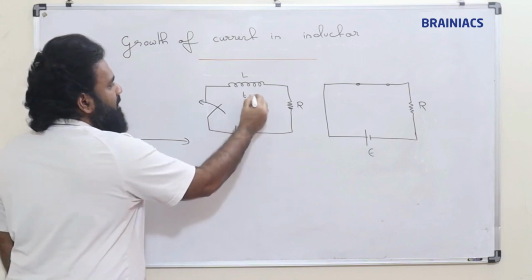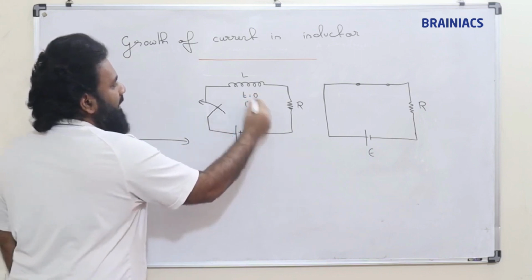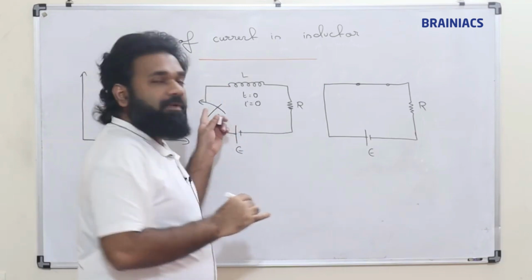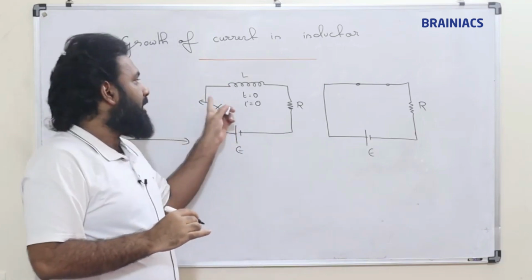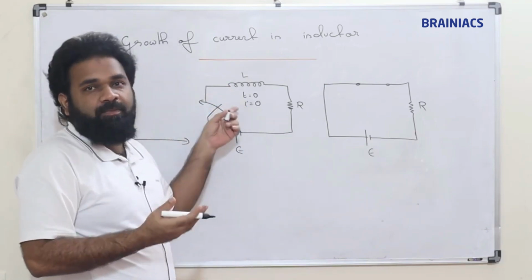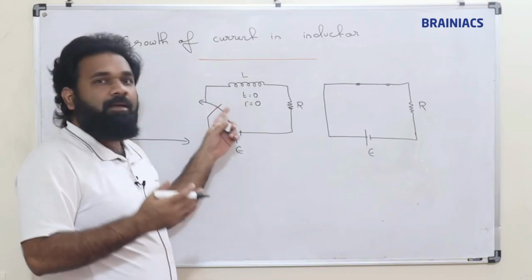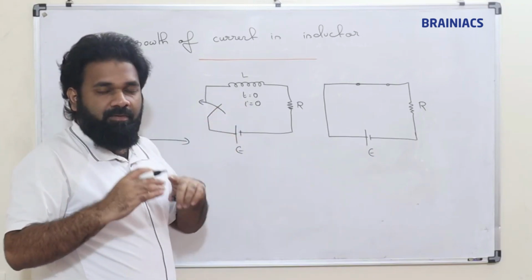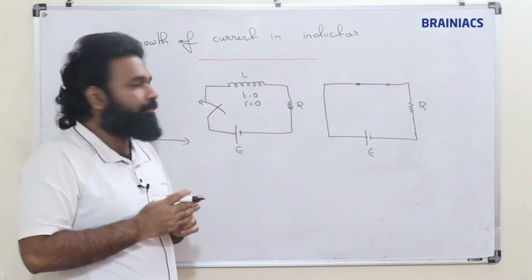At time t equal to 0, there was no current in this. When we switch on and current comes, it is just like a new experience for the inductor. The current is increasing from 0 to some value.